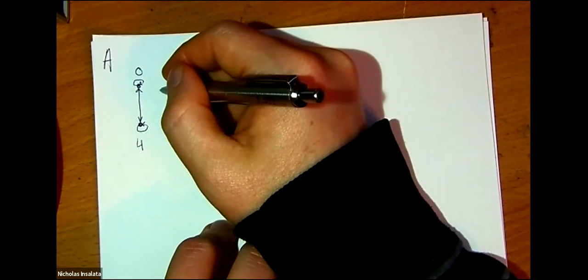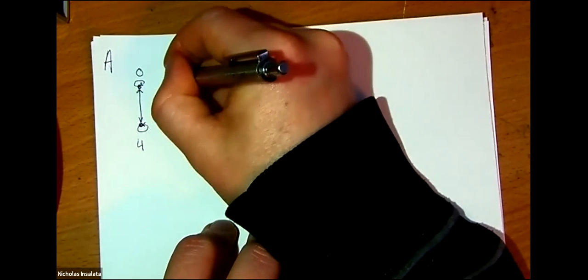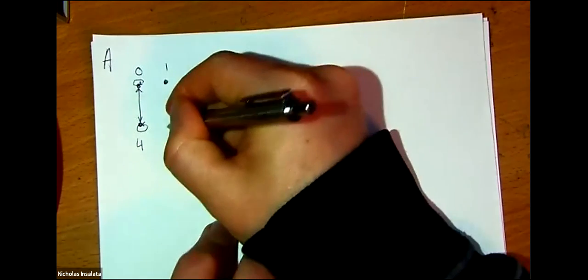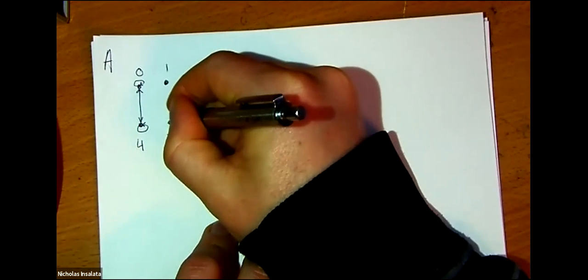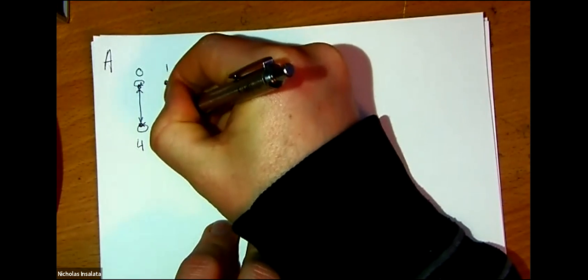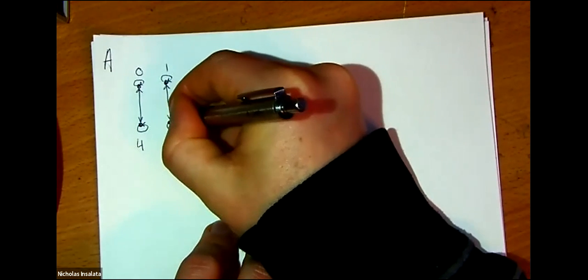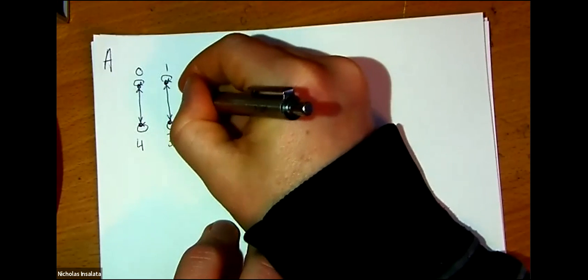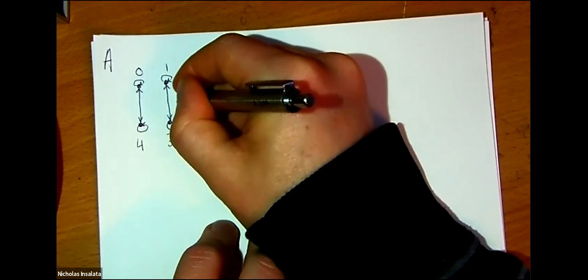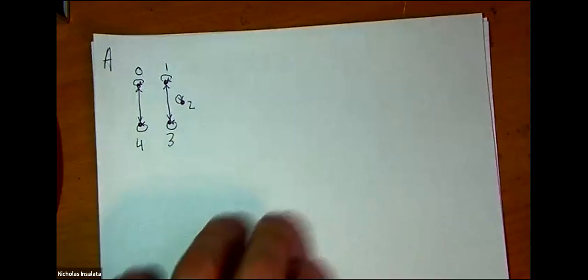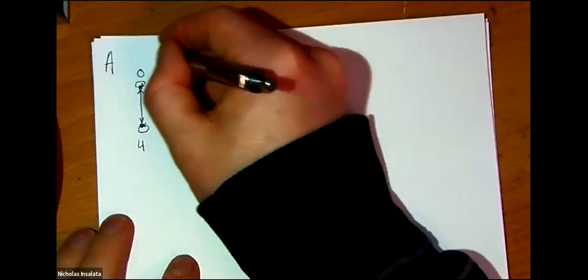We've got 1 and 3 like this. And then I've got 2 over here. There's my set A, with the relation depicted as a directed graph. We'll do a little circle, stay consistent here.